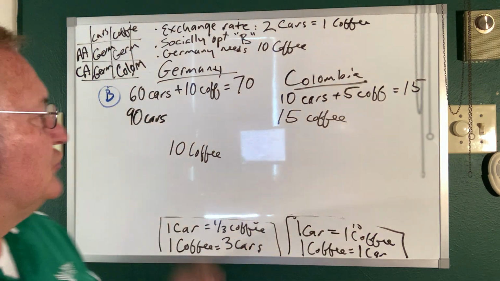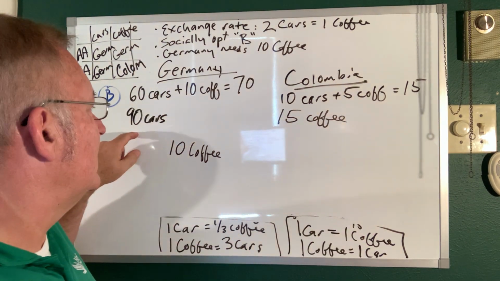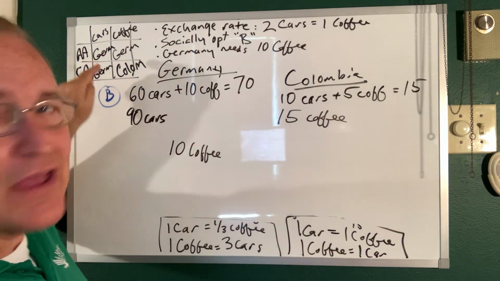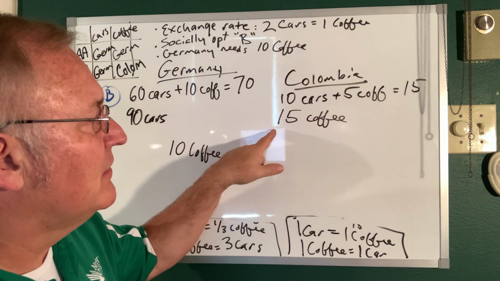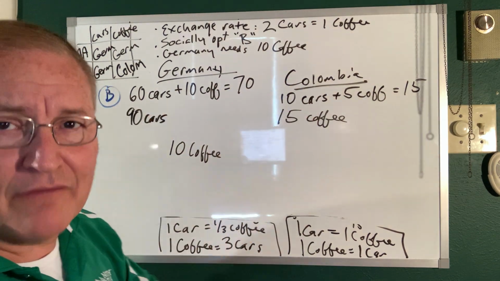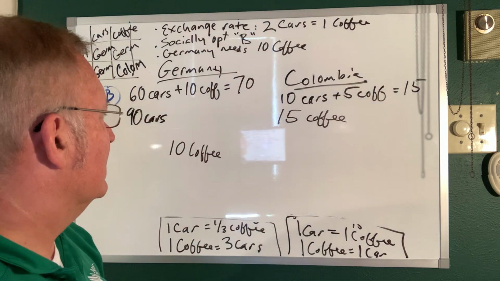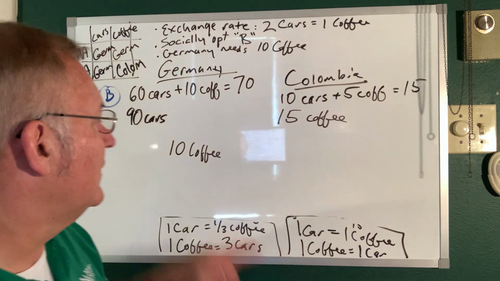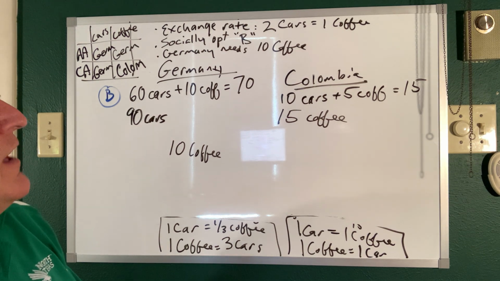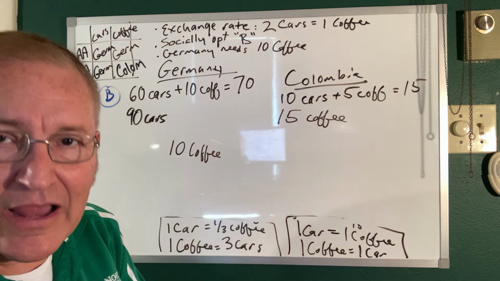So Germany produces 90 units of cars using all of the resources to produce cars, because that's what they have comparative advantage in. Colombia, 15 units of coffee, because they have the comparative advantage in coffee. And then they're going to trade. So in order for Germany to get 10 units of coffee, how many units of cars are they going to have to trade?